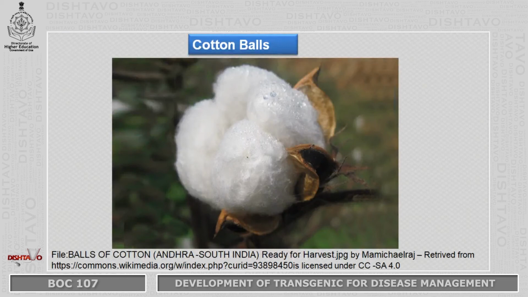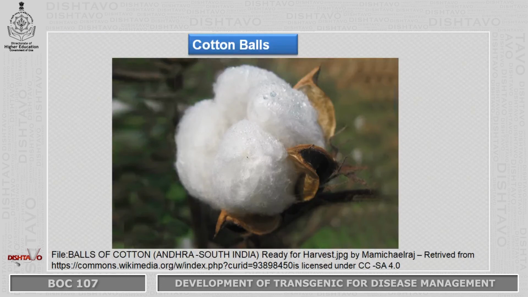Now, some years back, in some parts of the country, there was a severe problem where these cotton crops were damaged. To control this, what they did was they introduced this method, that is the transgenic method, wherein they took a gene from a bacterium and they inserted this gene in a resistant variety of cotton.